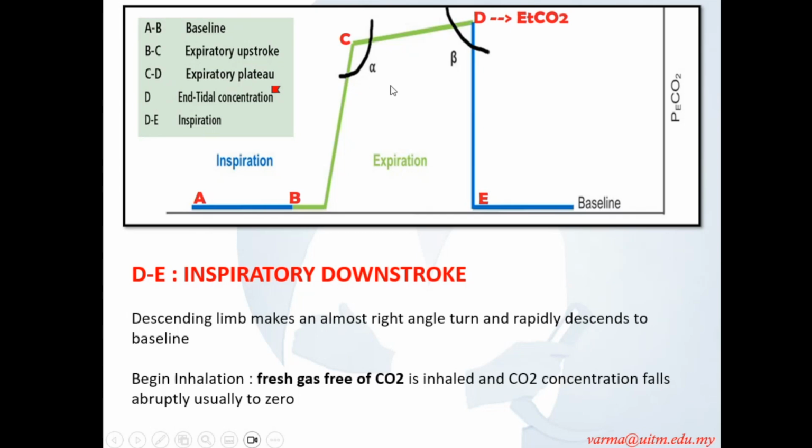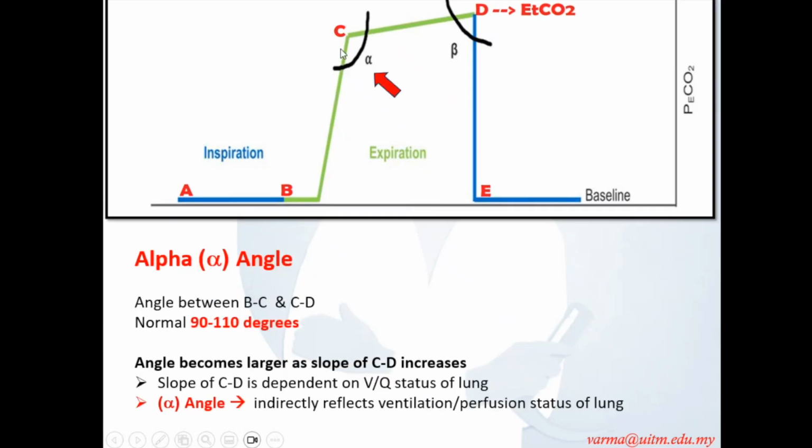Then we have to talk about the alpha and beta angle, and the importance of it. The alpha angle is the angle between B and C and D, from the expiratory upstroke to the expiratory plateau. It is usually taken as 90 to 100 or 110 degrees. As I mentioned, if there is a delay of carbon dioxide reaching from the lung to the sensor, in case of any obstruction to the airway or the equipment, this alpha angle will become larger.